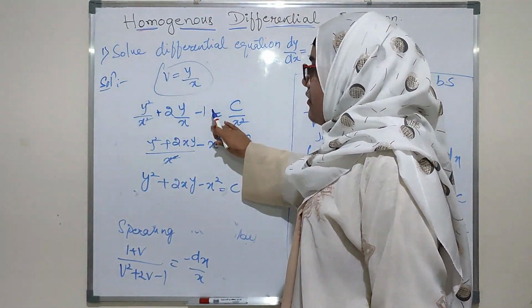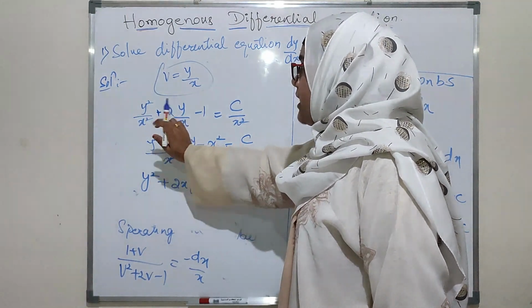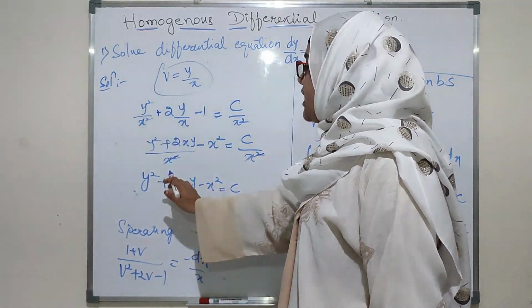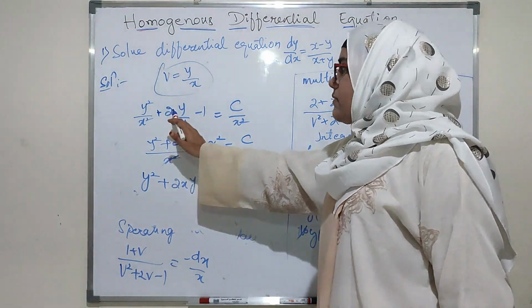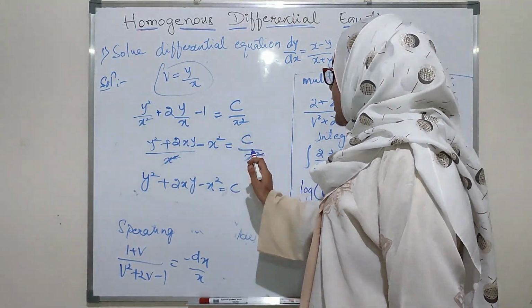After replacing the v value by y by x, we have to take LCM. x square is LCM here. After taking the LCM, y square plus 2xy minus x square is equal to c x square.